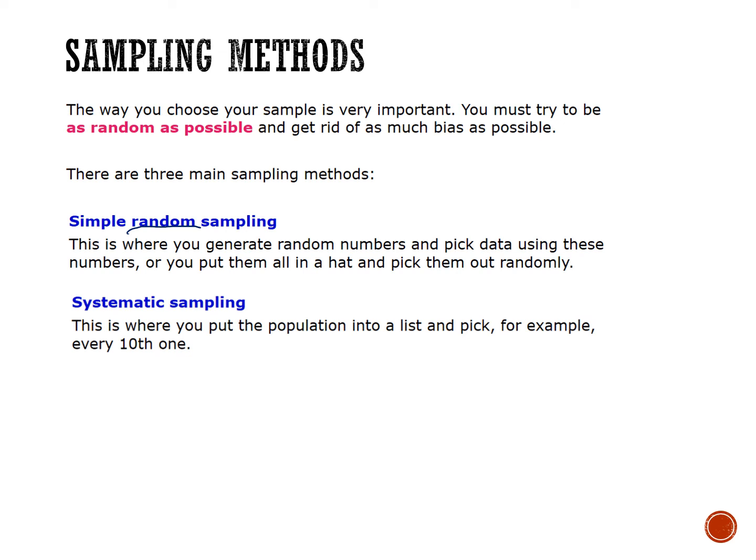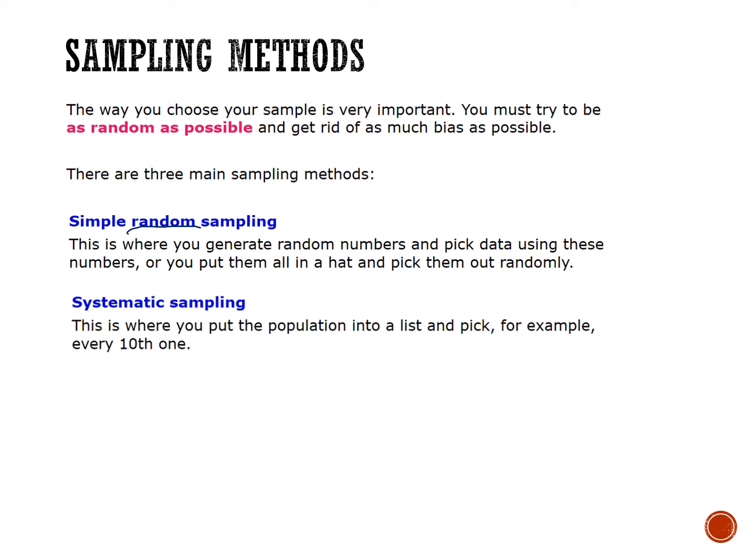So you're using some kind of system. Again, depending on how you number them, that could possibly produce a biased sample, could possibly be not representative, because there's an element of you just picking according to a system and you don't really know what you're going to get with that.